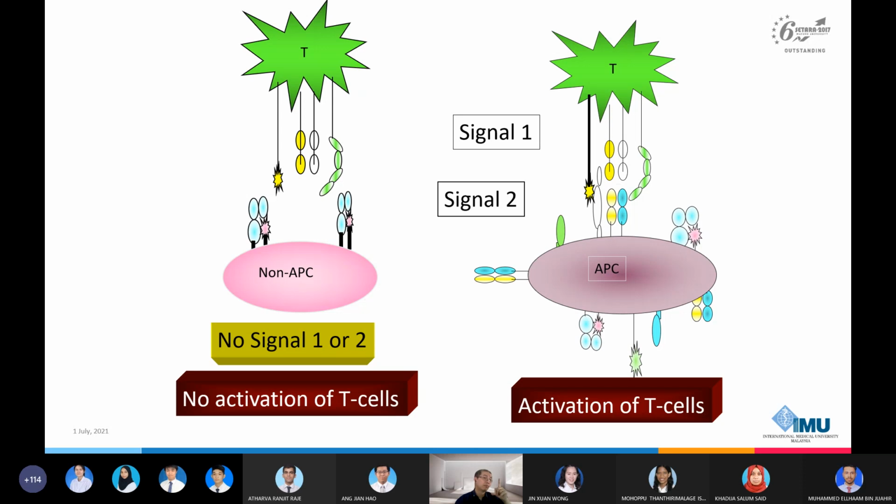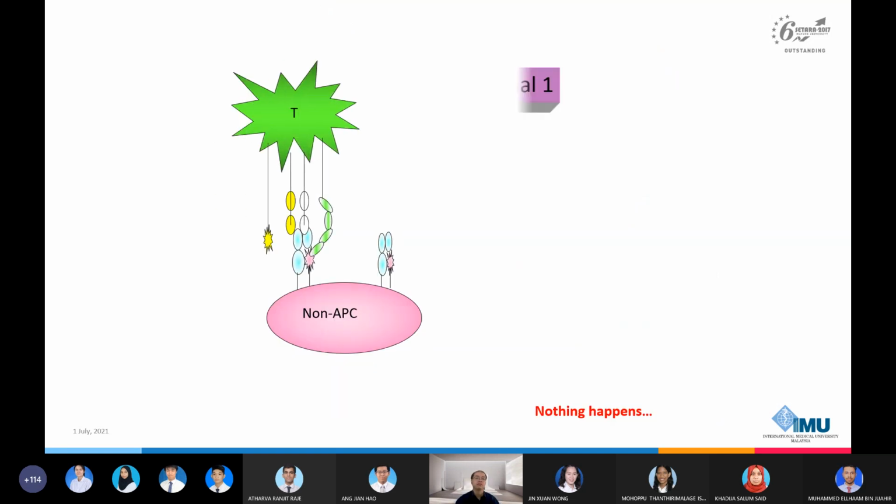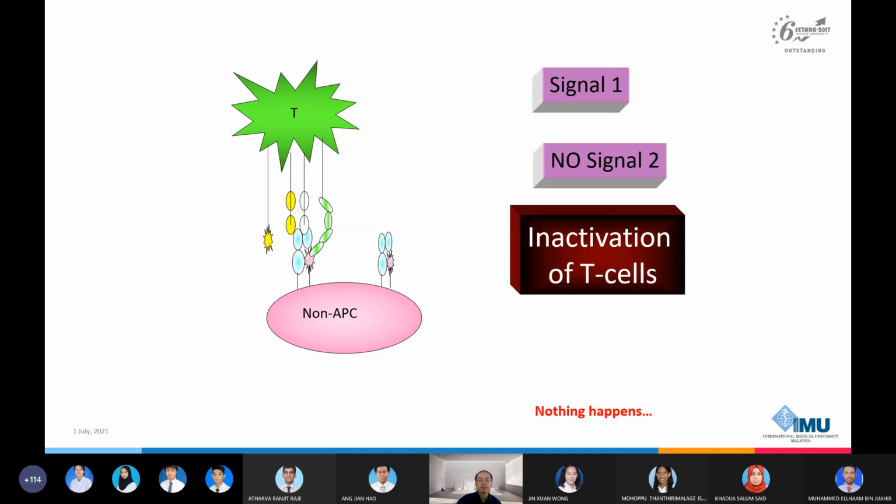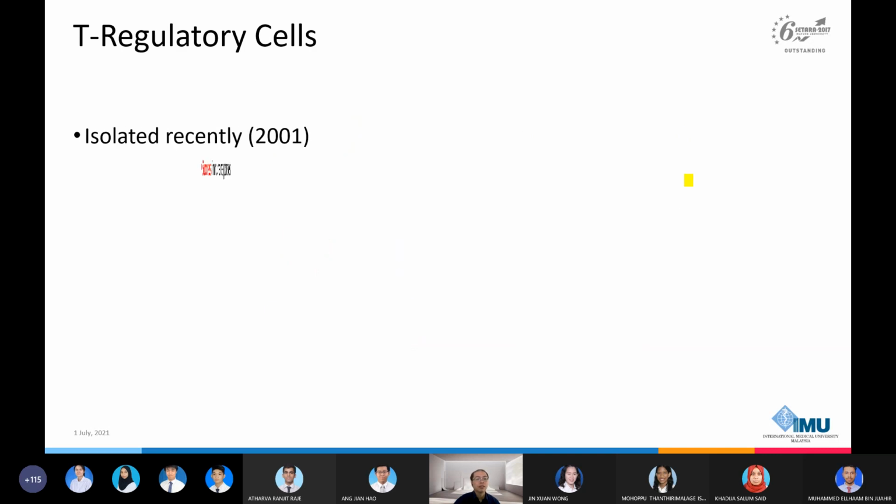Here, for macrophages or dendritic cells, it's B7 versus CD28. For B cells, CD154 to CD40. Even though signal 1 can still bind, without signal 2, nothing happens.